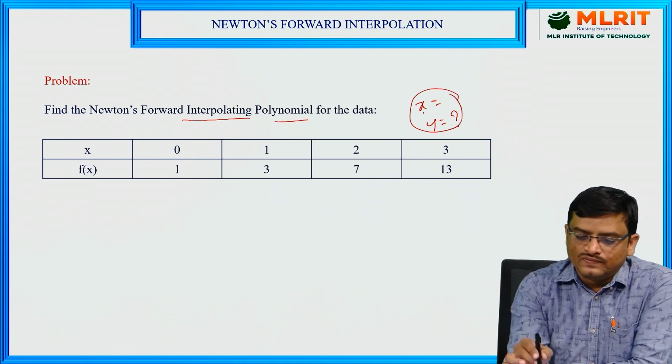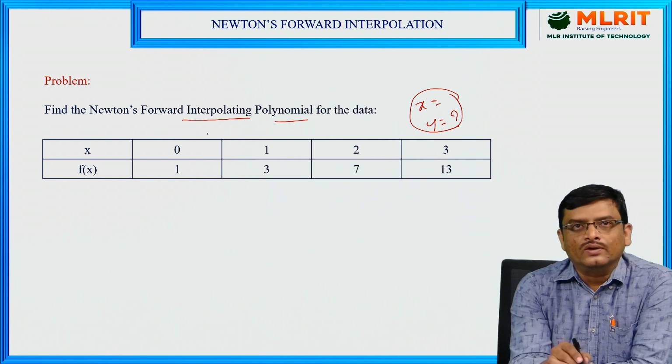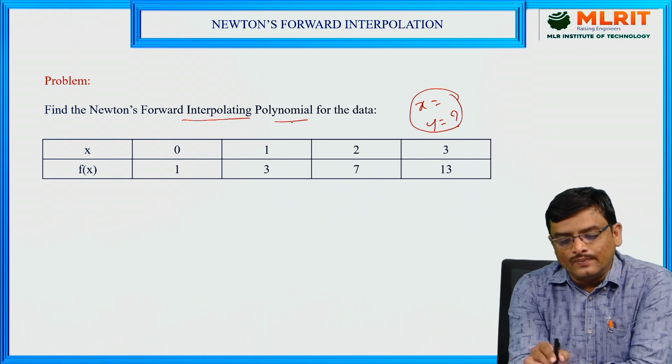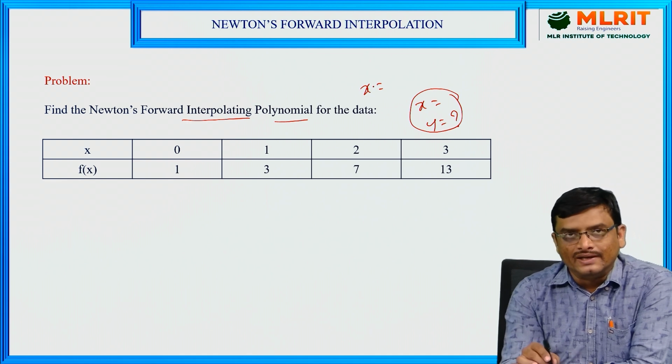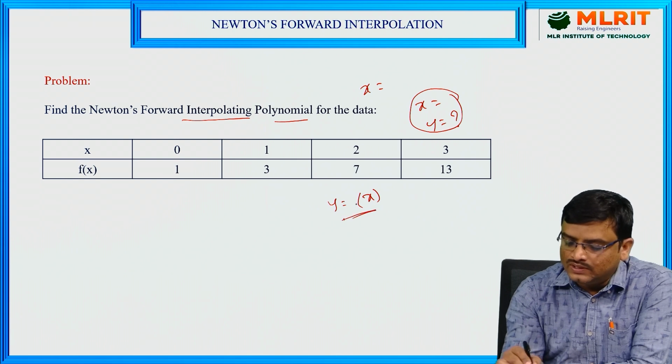In the next model, we have to find the Newton's forward interpolating polynomial. Whenever they ask you to find the polynomial, they will not give the x value. You keep x as it is and we have to get the value of y in terms of x. That is, we have to get the relation between these two variables.